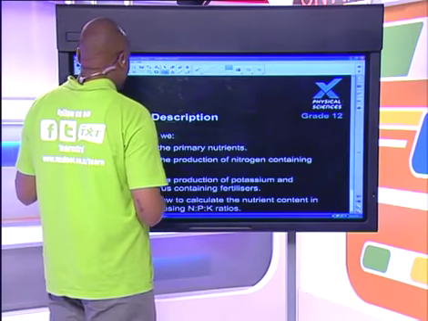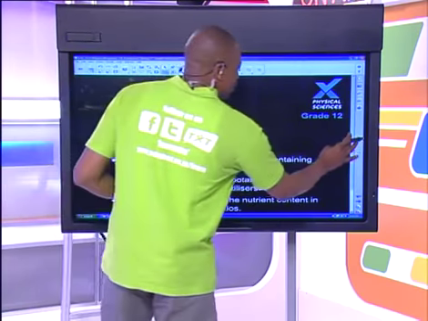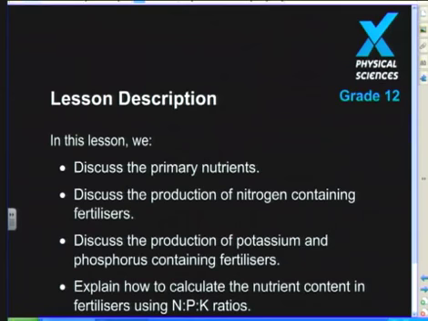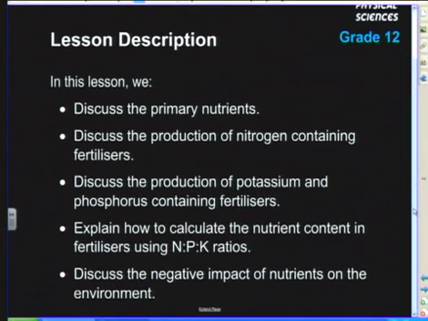Now, what specific things are we going to be talking about? We are going to discuss what we call primary nutrients. We will also be looking at how those fertilizers are produced, like the nitrogen-containing fertilizers. We will also look at how fertilizers that contain nutrients like potassium are produced, and also those containing phosphorus.